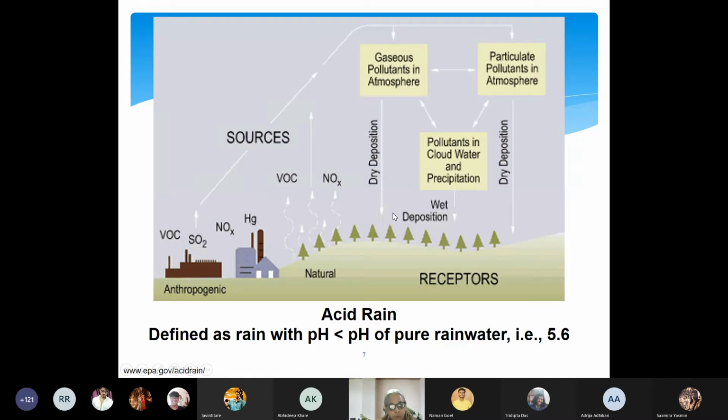They come down in two ways. If they come down with water vapor, then that is called wet deposition. And if they come down without water, then it's called dry deposition. So this is the full cycle, how these pollutants come back down to the earth. So from the earth into the atmosphere and then back on the earth.